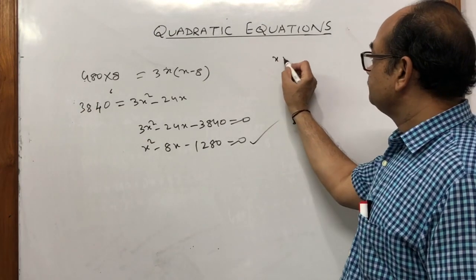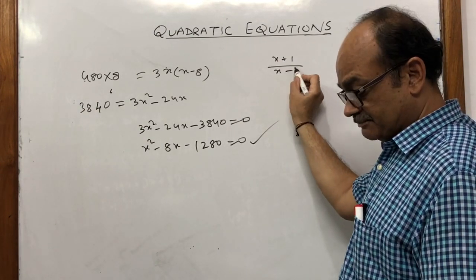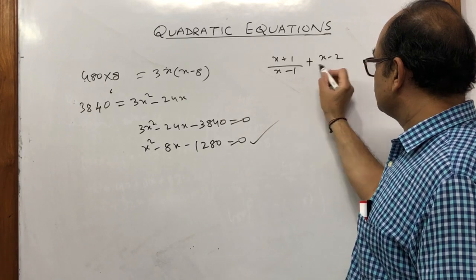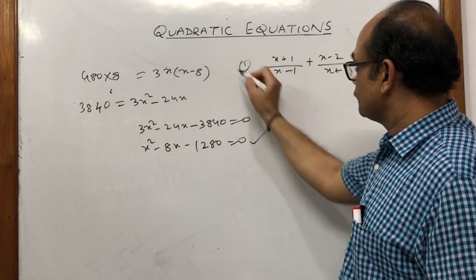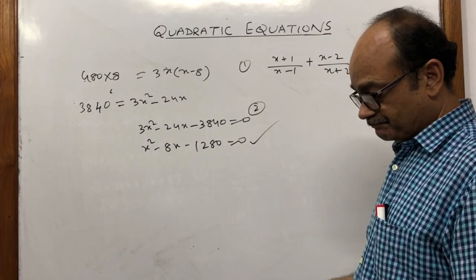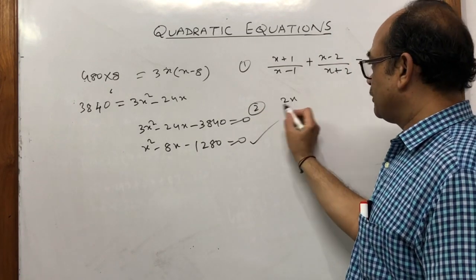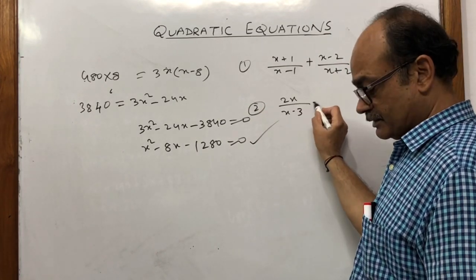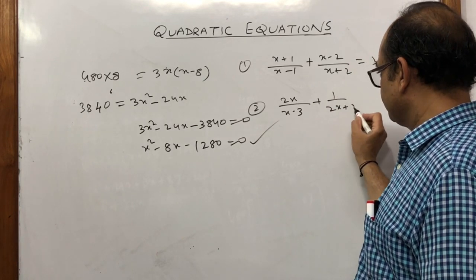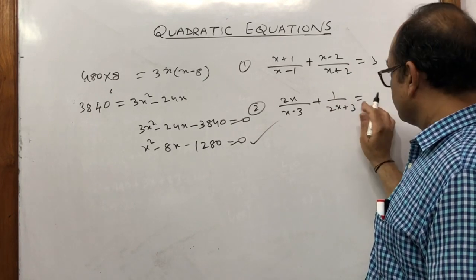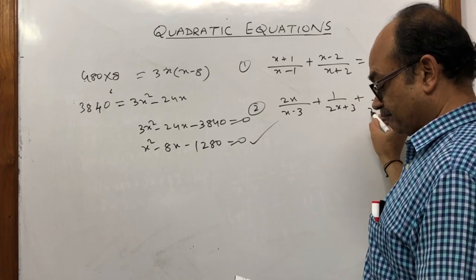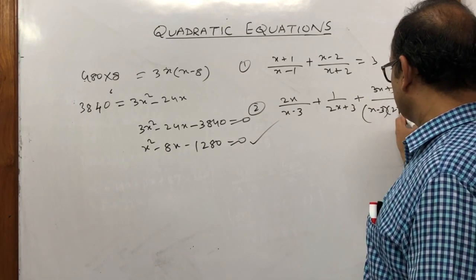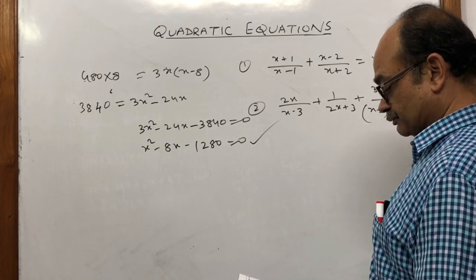For example, first: (x plus 1) divided by (x minus 1) plus (x minus 2) divided by (x plus 2) equals 3. Second: 2x upon (x minus 3) plus 1 upon (2x plus 3) plus (3x plus 9) divided by (x minus 3)(2x plus 3) equals 0.